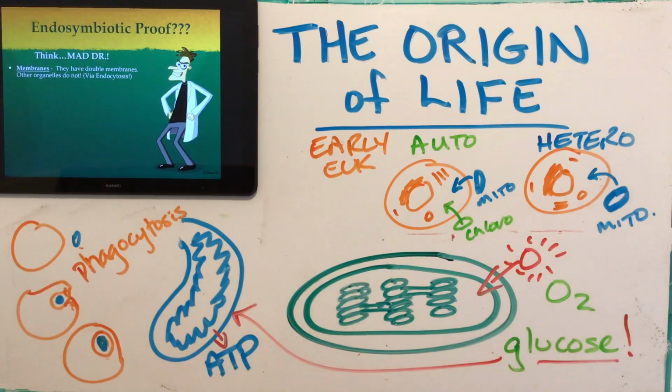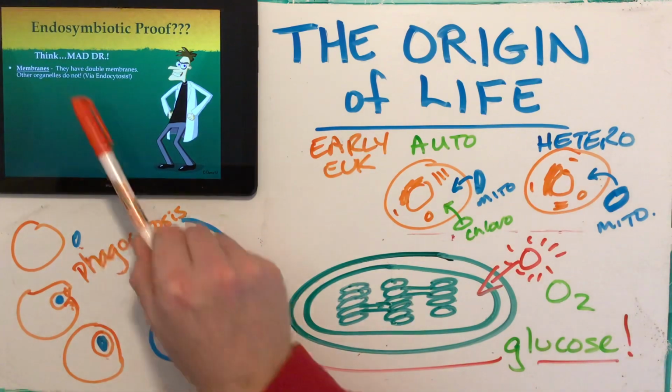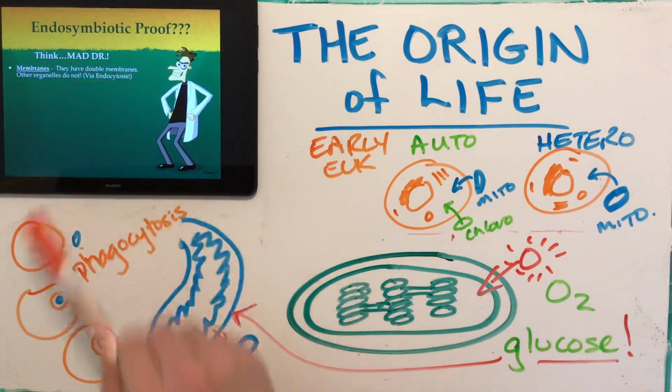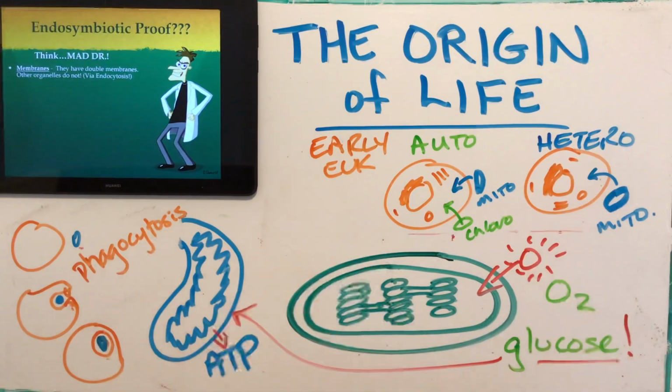Anyway, the M. So these 5 letters each stand for a piece of evidence that this process actually took place. M is for membranes. Most organelles have one membrane. So there's one membrane: Golgi, ER, vacuole, all that. These things have 2.